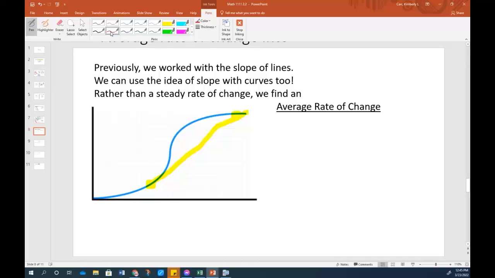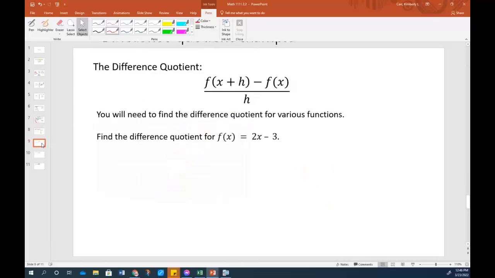So now, what was slope? Let's just remind you. It was y2 minus y1 over x2 minus x1. And that same formula is going to let you find the average rate of speed, or the average rate of change.